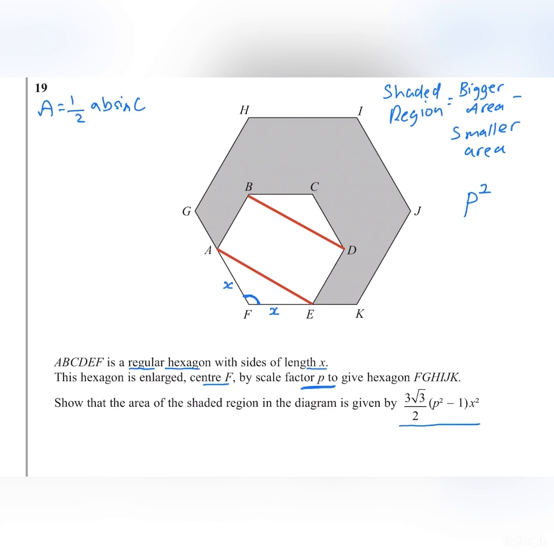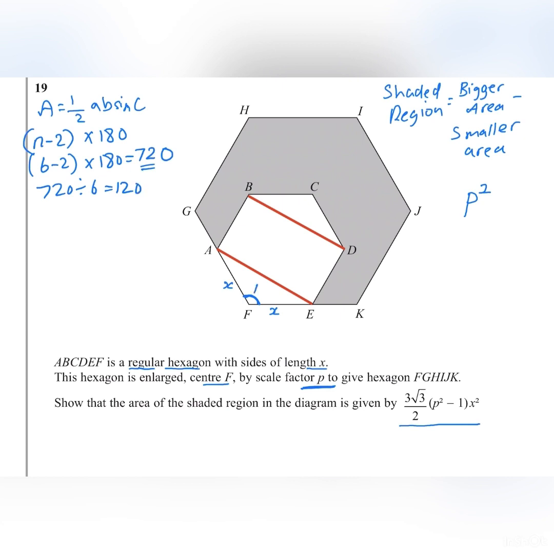Now, remember this formula for the sum of the interior angles: n take away 2, times 180, where n is the number of sides, which is 6 in this case. So 6 take away 2 times 180 is 720, and then divided by 6 is 120 degrees.